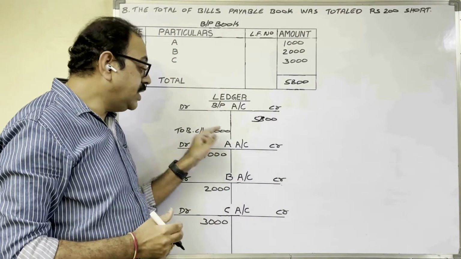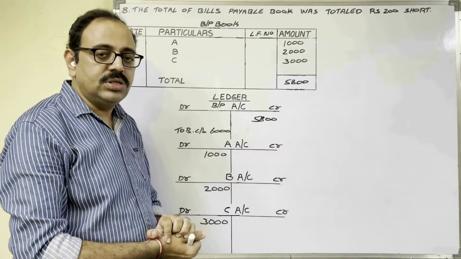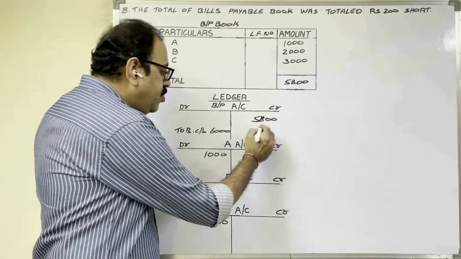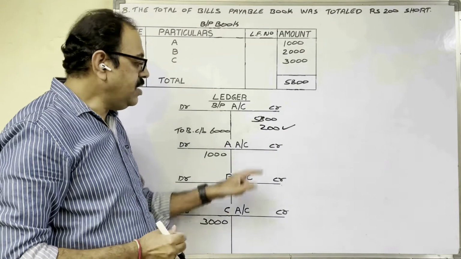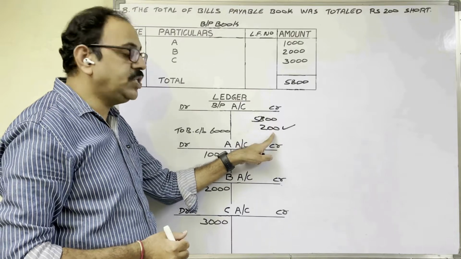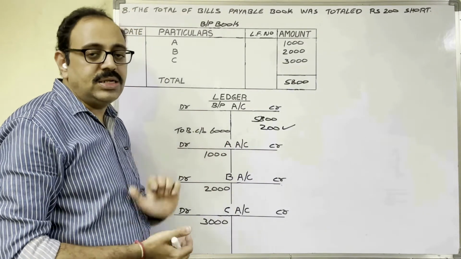Balance carried down, I need 6,000, but credit side 5,800 we wrote. Now what to do? If you credit 200 in bills payable account, then 5,800 plus 200, debit side 6,000 will be the balance carried down.